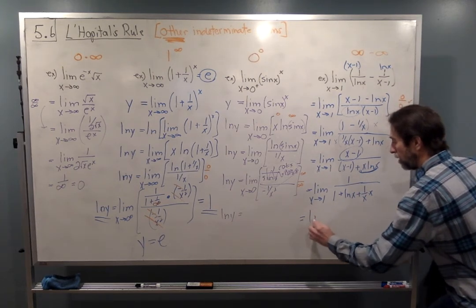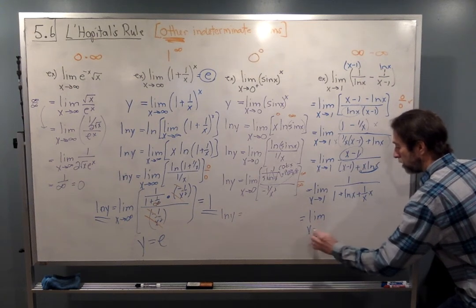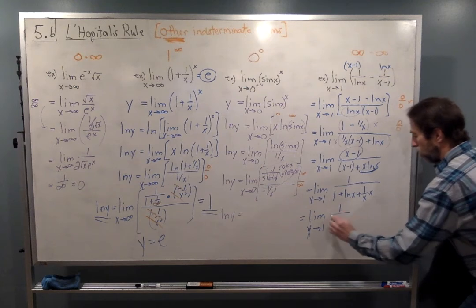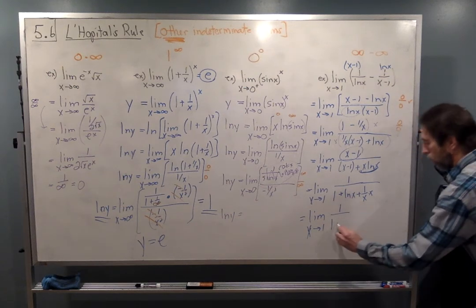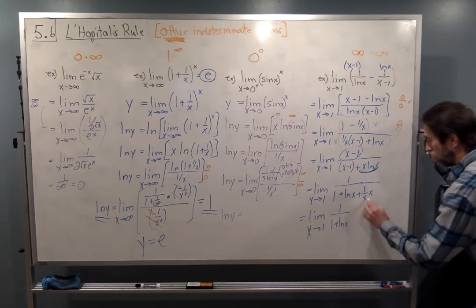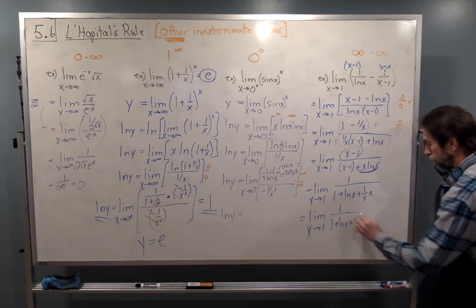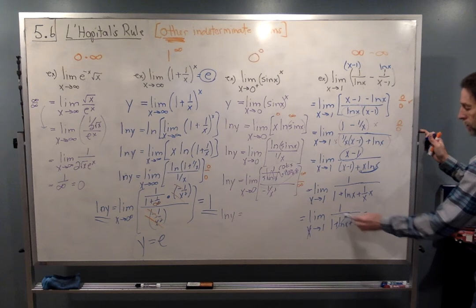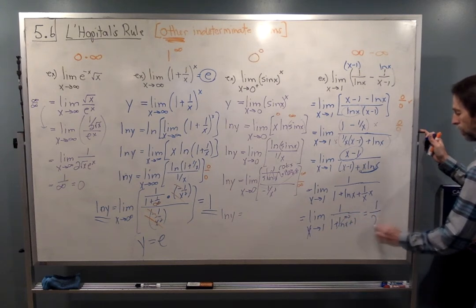If we simplify that, we get the limit as x goes to 1 of 1 over, that's still 1, log x, plus 1. Log of 1 is 0, we get 1 over 2.